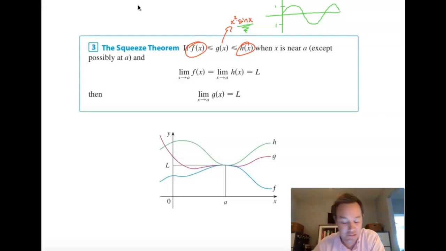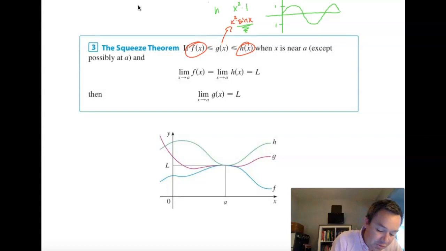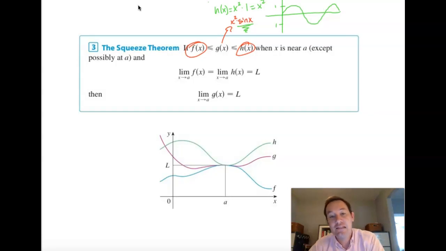So at its largest, sine will be 1, and then I would have 1 times whatever x squared is. And so that's what I'm going to choose my h of x to be, x squared times 1, which is just x squared. Because at its largest, sine is 1, and then this g function equals 1 times x squared.